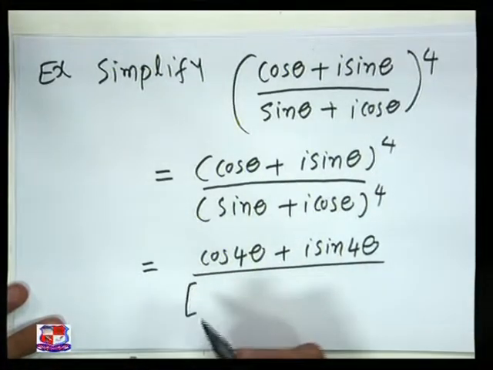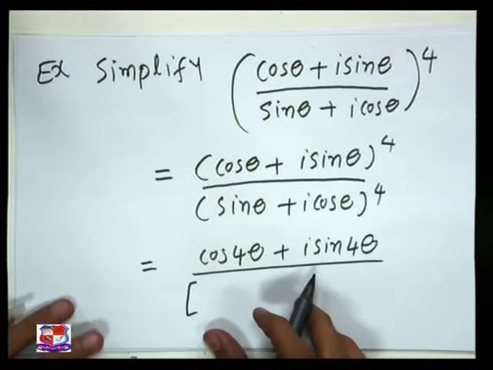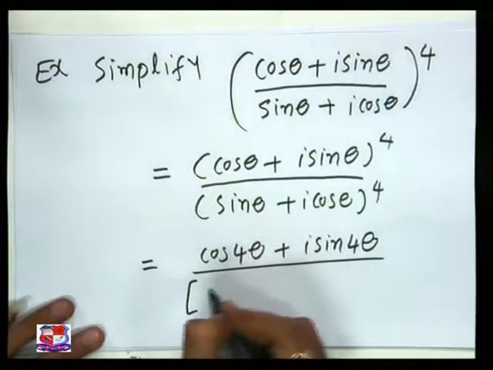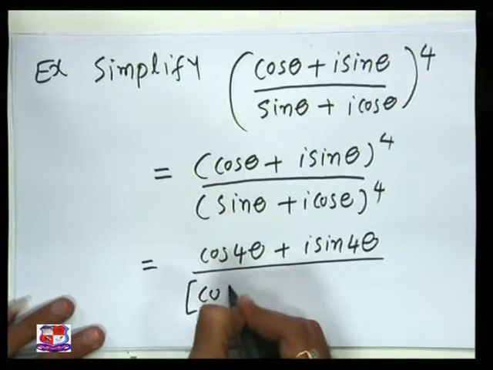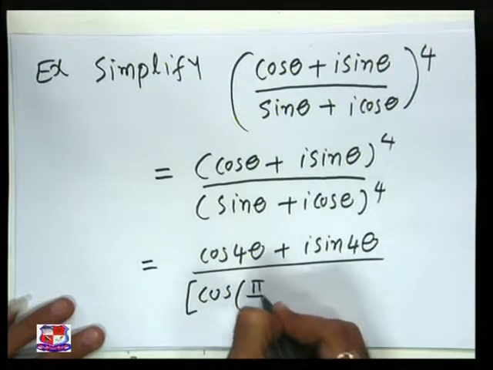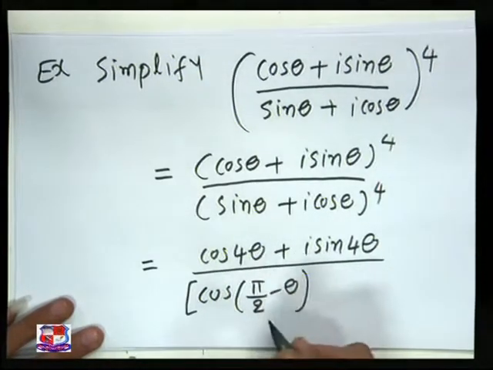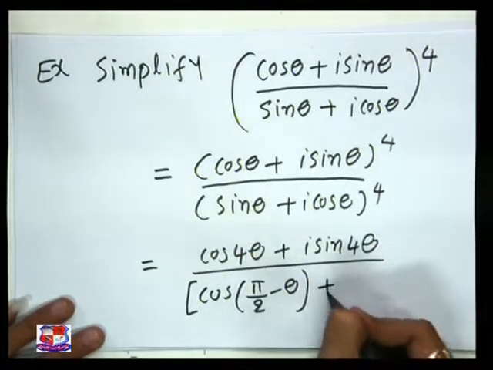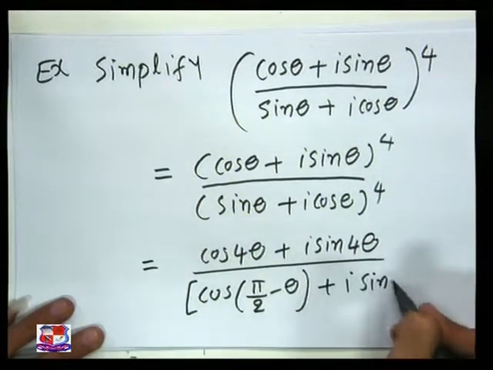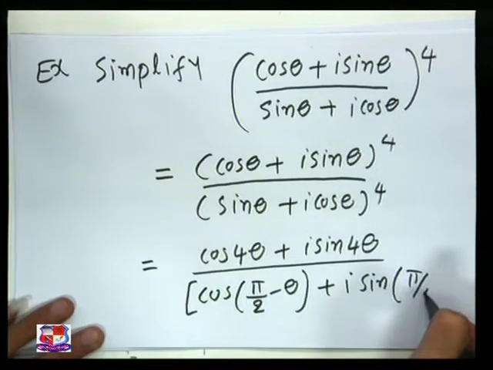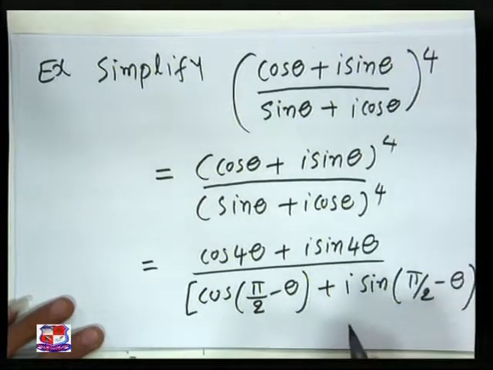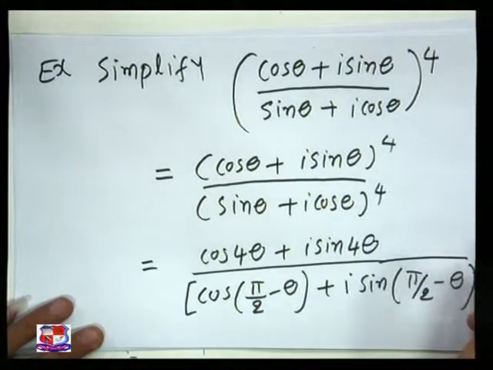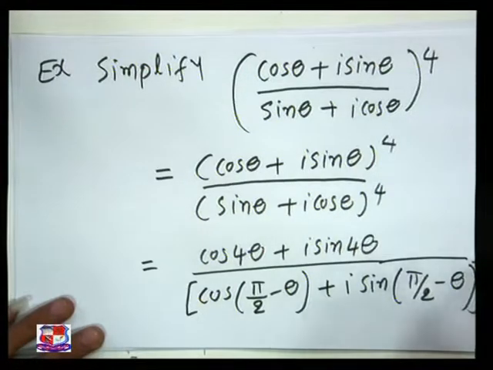So first I will convert it into cos plus i sin form. We can write cos(pi by 2 minus theta) plus i sin(pi by 2 minus theta), because cos(pi by 2 minus theta) is equal to sin theta and sin(pi by 2 minus theta) is equal to cos theta, whole raised to 4.